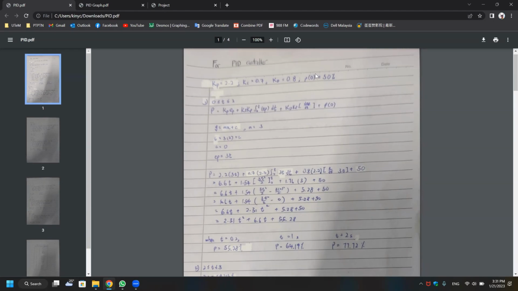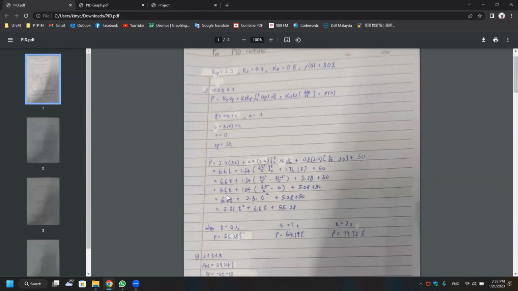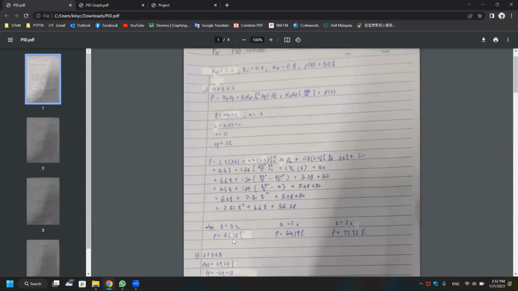The P0 is given as 50%. So from here we can calculate. When T is 0, we do the calculation, and P is 55.28%, and T is 1 is 64.19, T is 2 is 77.72%.